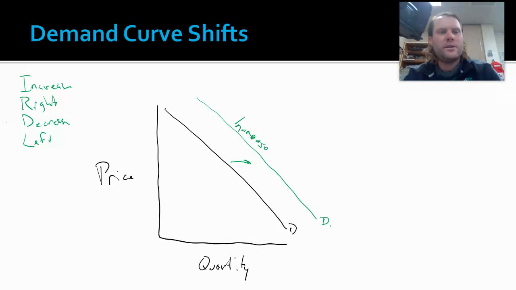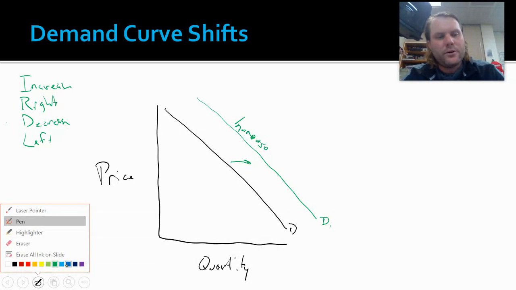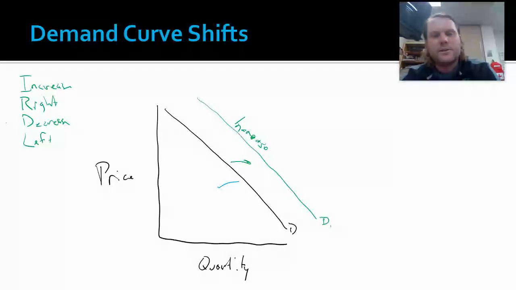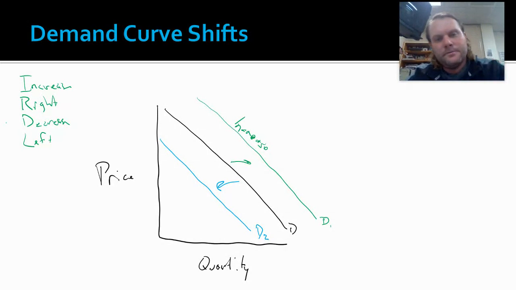It sounds like ERDL, just one simple way that you can remember what's going on. If we went right to increase, you guys can take the guess, we're going to decrease to the left. I'm going to label that D2, and then I'm going to put a decrease in there as well, as we go to the left.